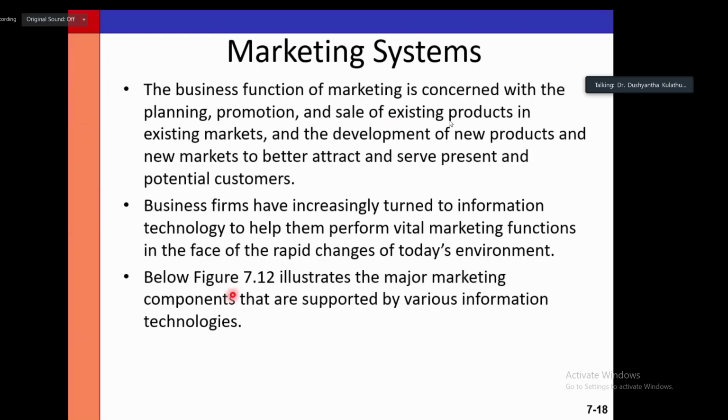Below, figure 7.12 illustrates the major marketing components that are supported by various information technologies. The marketing division may be depending upon information technology to accomplish their tasks, and the different marketing components supported by these technologies are elaborated in figure 7.12.